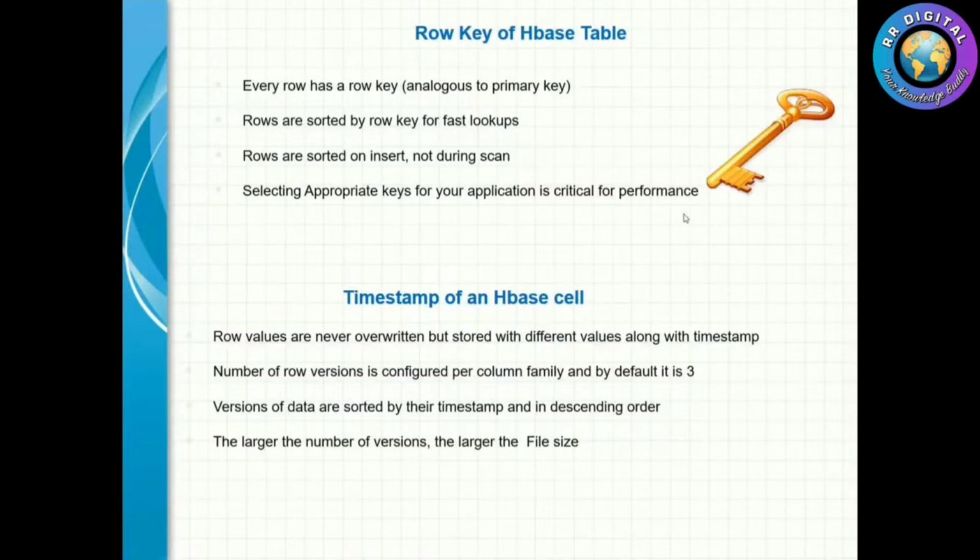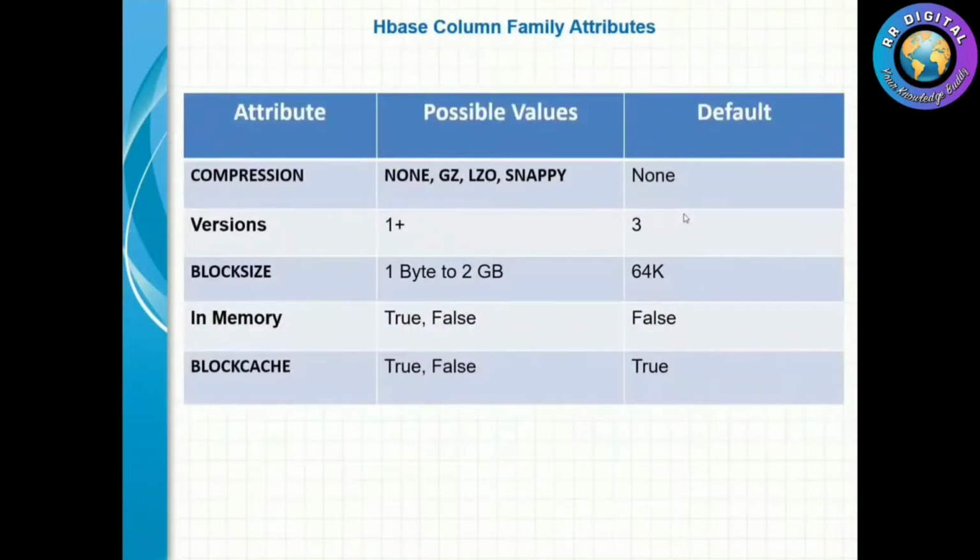And what time exactly we inserted that particular record, that time it will update. Based on that, whenever you are trying to retrieve specific version related data, then a timestamp will help you to retrieve. Okay, so here, HBase column family attributes.